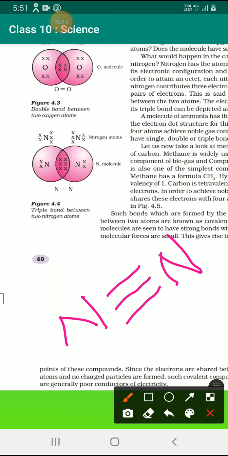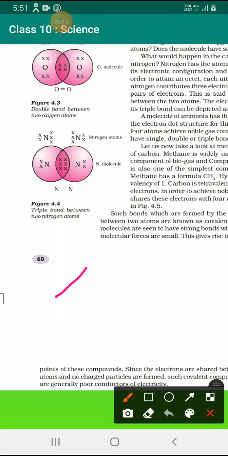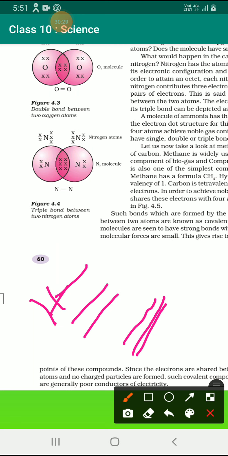So very simply, children, 2 electrons mean a single bond, 4 electrons mean a double bond, and 6 electrons mean a triple bond. You can observe the triple bond in nitrogen. A single bond example is hydrogen, H-H.